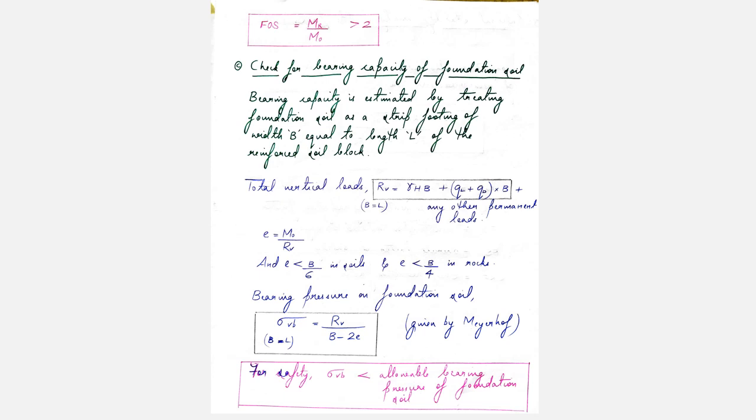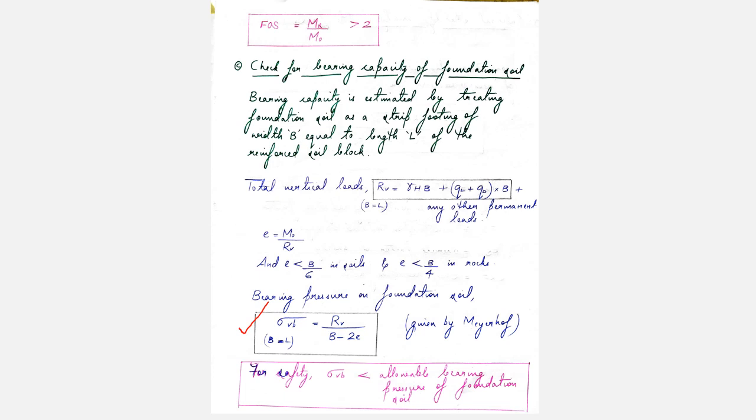Now we have to calculate the total bearing pressure which is coming on the foundation soil. That total bearing pressure can be calculated using this formula, which is given by Meyerhof. This formula gives the bearing pressure sigma Vb equal to Rv, which is the total vertical load, divided by the effective width over which that load is acting.